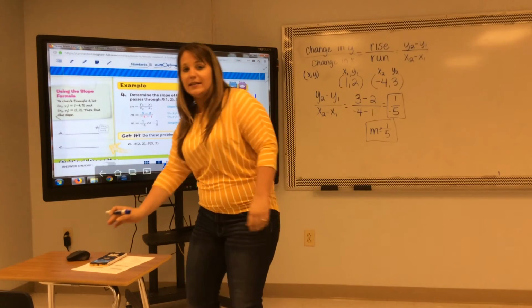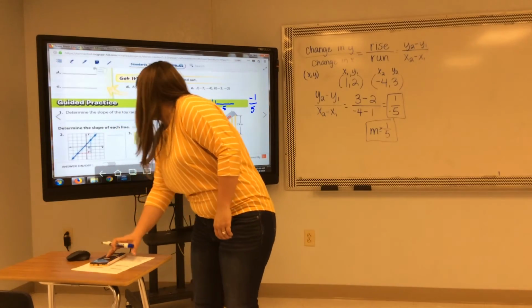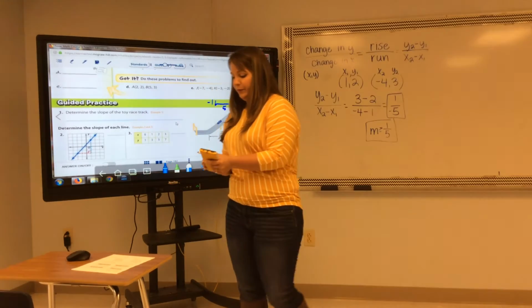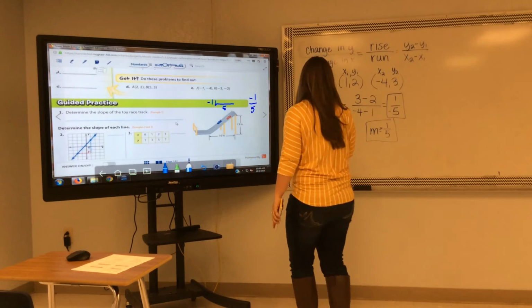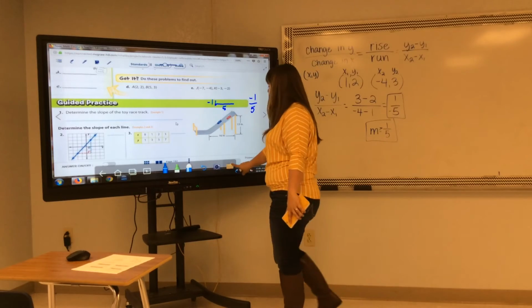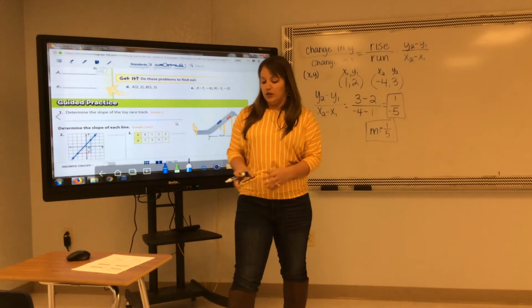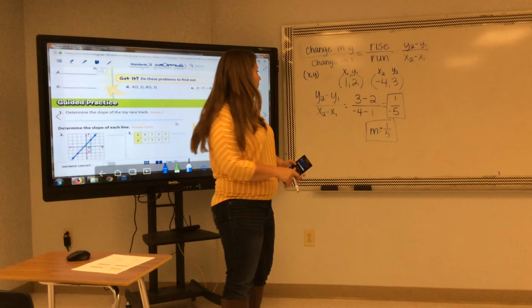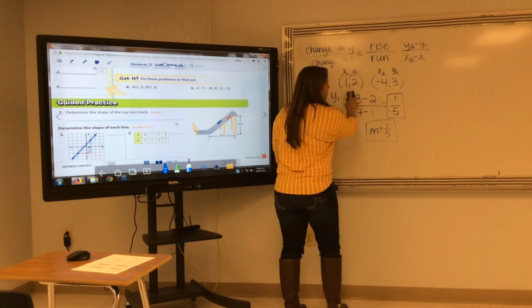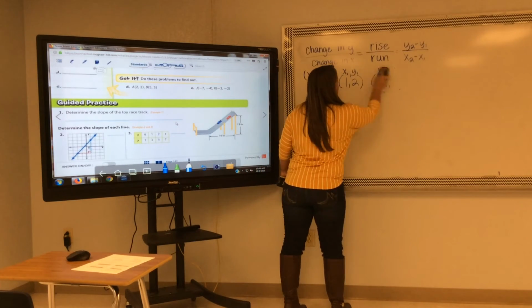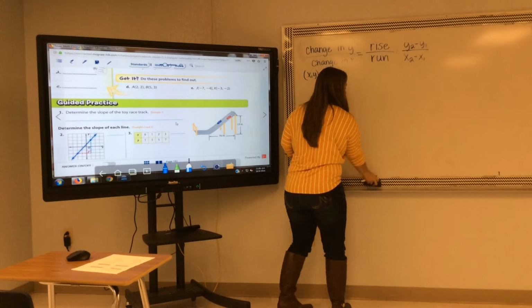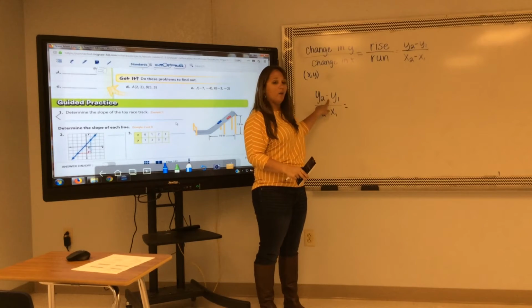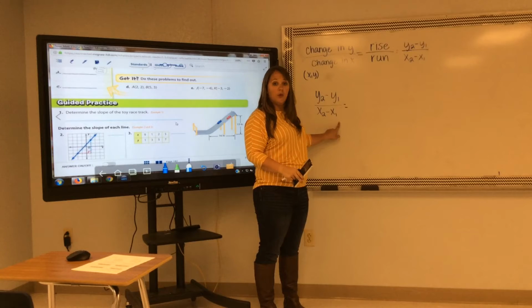So you're going to get some examples that look like letters D and E down here, where they don't have a graph. And so you're just going to use that formula. So you must come in and write your equation, y2 minus y1 over x2 minus x1.